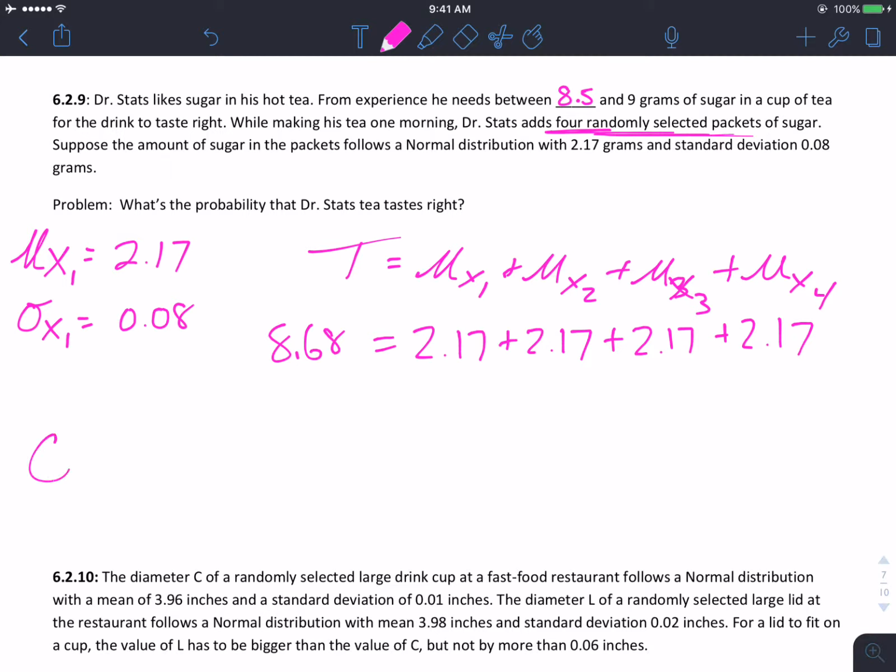So from our equation, we have to do these 4 packets. Remember, you can't just add standard deviations. What you need to do is do it by the variance.